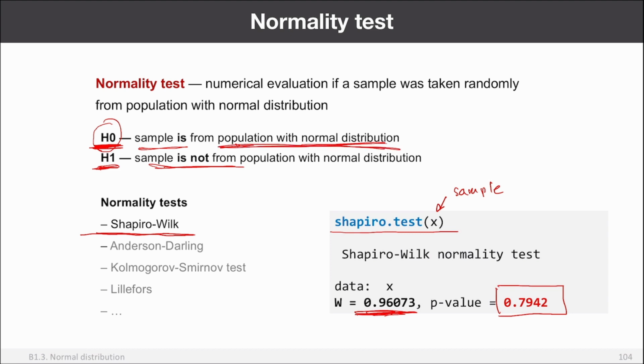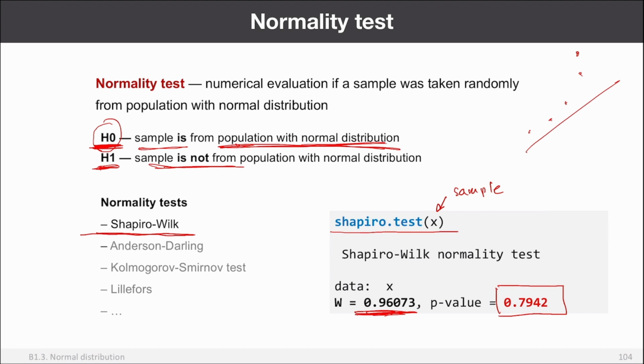So in other words, you can think about the following. If you look at the QQ plot, your sample doesn't look like it came from a normally distributed population, meaning you have a line and then maybe points deviate from this line like this, right? So it means that your sample doesn't look like it's normally distributed. However, on the other hand, you know that we live in a random world, everything is possible. Maybe this bad sample came from a normally distributed population.